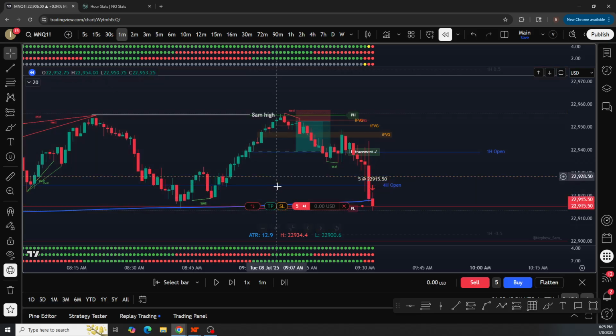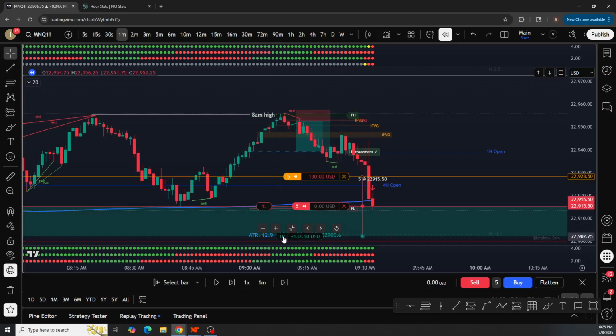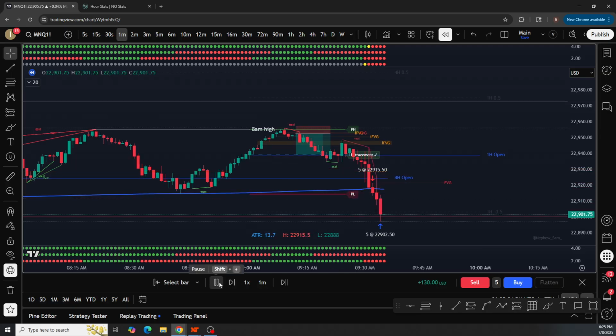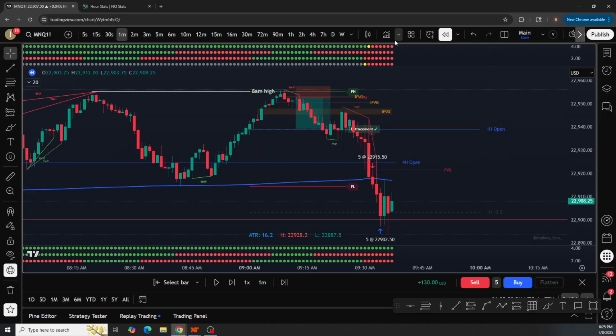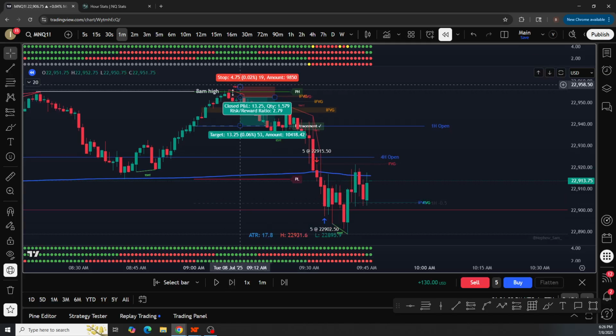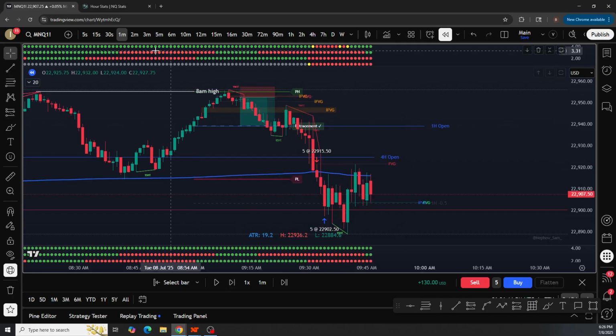Close enough for government work, 13 points. And that's your one dot entry function setup using the dots bias indicator. I actually missed this trade. I got distracted in real time. And then I'm going to show you the second trade in addition to this one that I took.